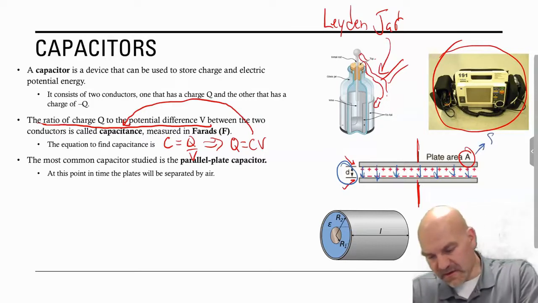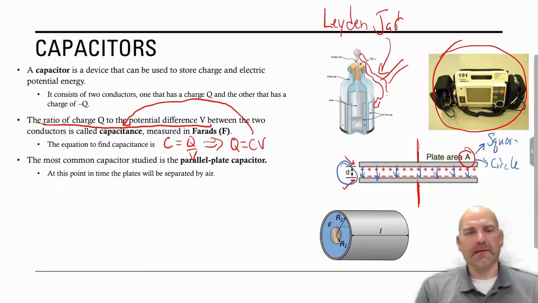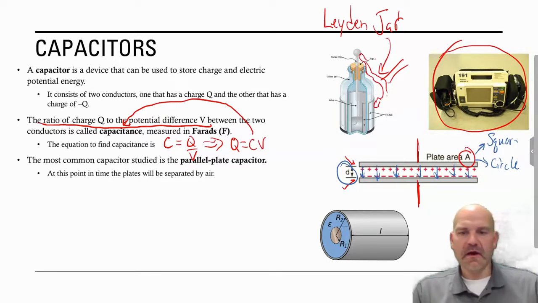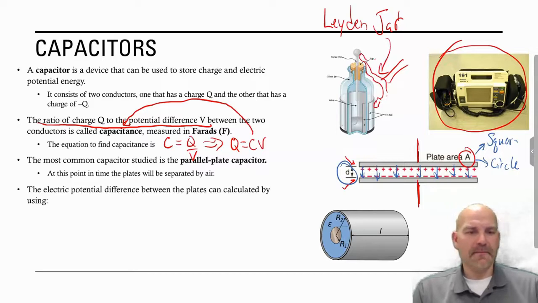Now, that area could be a square or a circle. You see both questions pop up, okay? What you see down here with the cylinder is a very special case. We'll actually do this in an example problem.